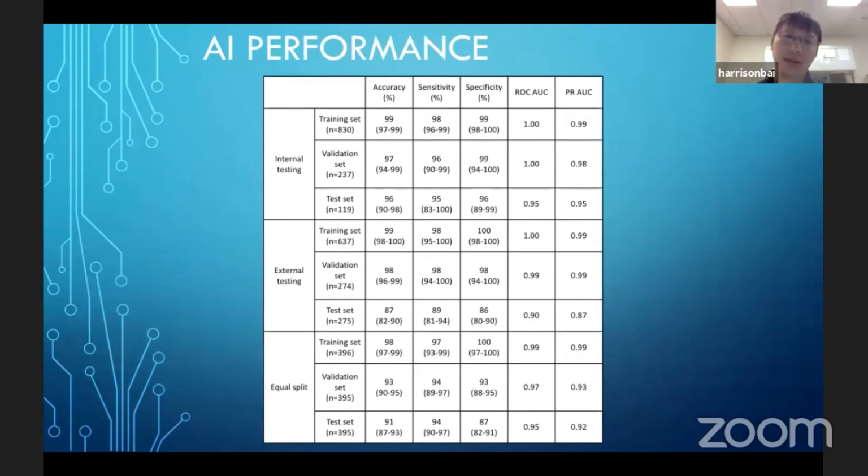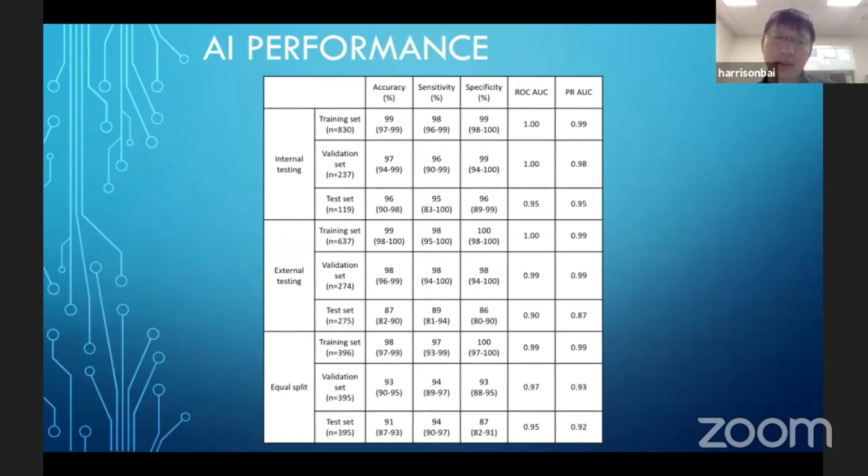For our AI performance, we achieved pretty good results for the internal testing, and then when we did external testing, we did see a slight decrease in performance, from an accuracy of 96% to 87% on the external testing set. So we wanted to figure out whether this is due to some difficulty in generalization, or is it because of the way we split the data set in a 7:2:1 ratio.